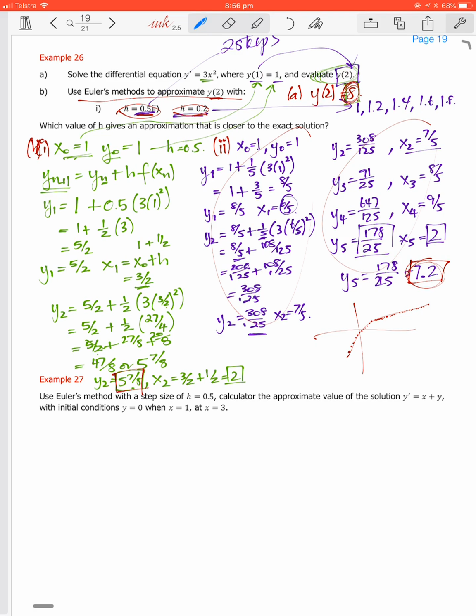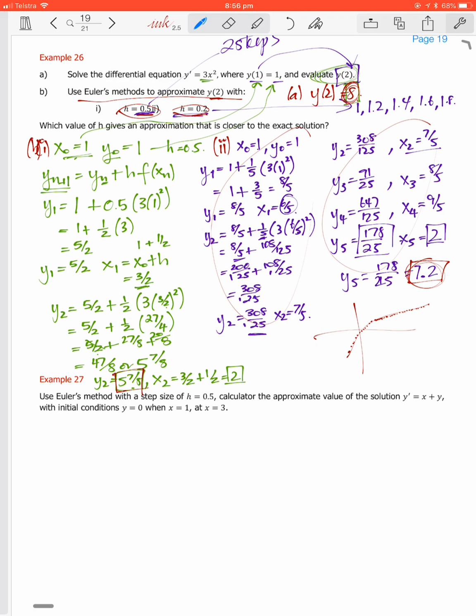Okay, so now we've got a function, which in this case is in terms of x and y. So we do exactly the same thing we did before. It says to use steps of 0.5, and I want to find f of 3, and I know when x equals 1, y equals 0, so that's our initial condition.